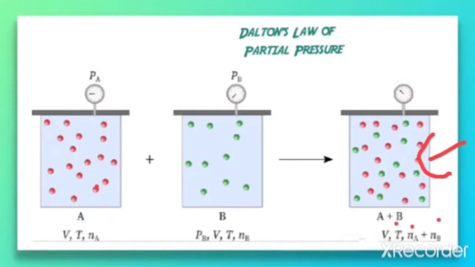Here also there will be pressure exerted, not only by the A gas but also by the B gas. According to Dalton's law, that pressure is equal to the sum of their partial pressures. So what is P total now? The total pressure exerted by the A gas and B gas is equal to the sum of their partial pressures, that is Pa plus Pb.